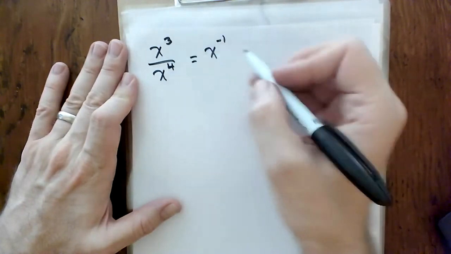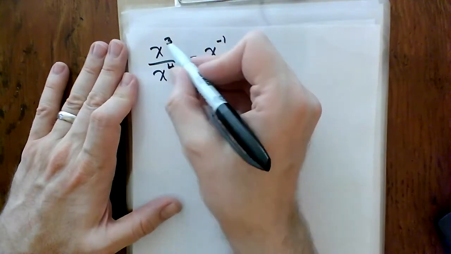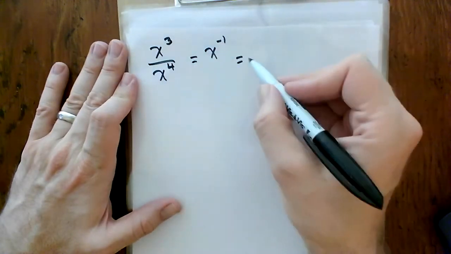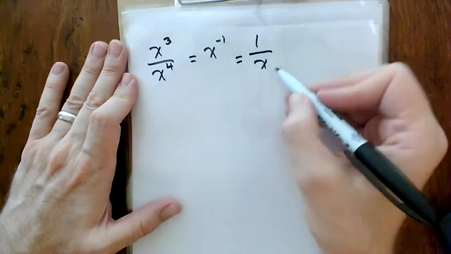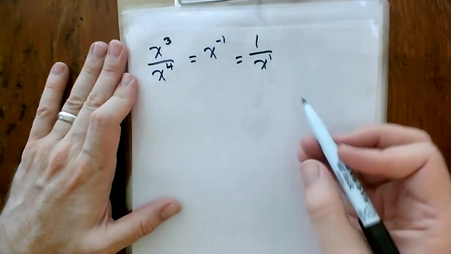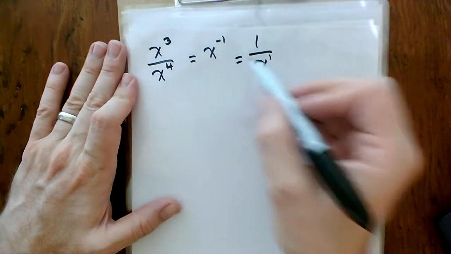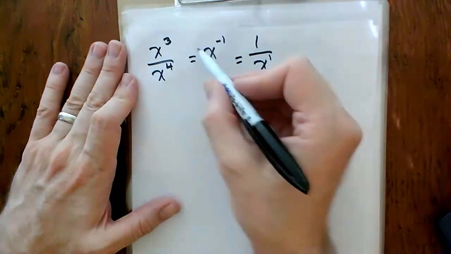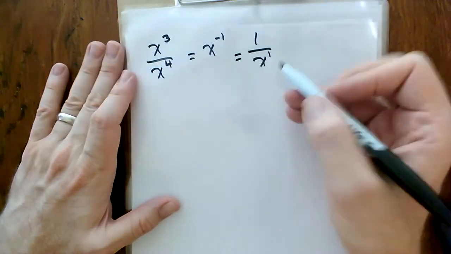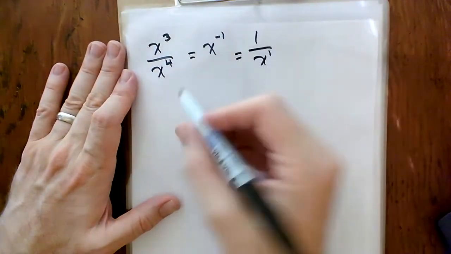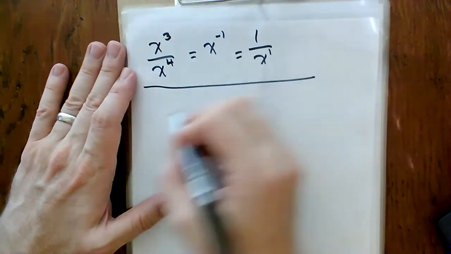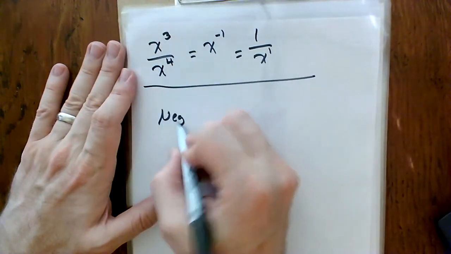But if I keep this in place, 4 minus 3 is just x to the 1. Anytime I've got a negative exponent, that is equivalent to taking the reciprocal.